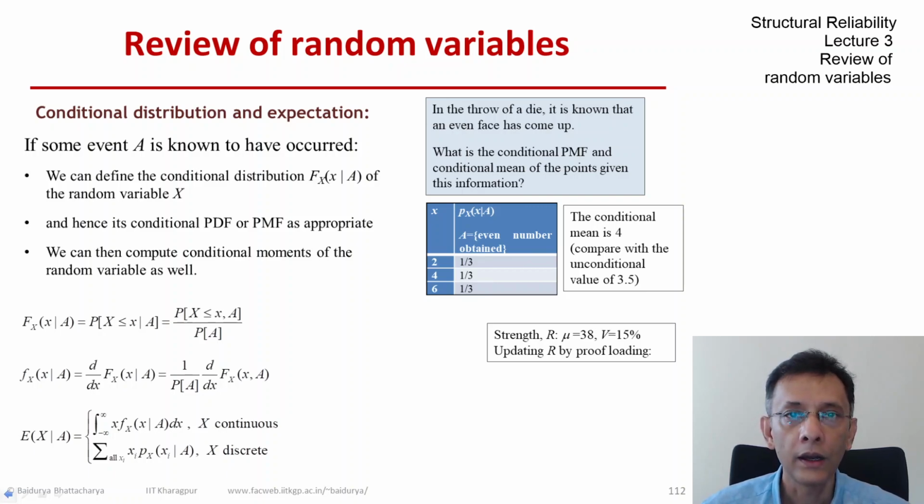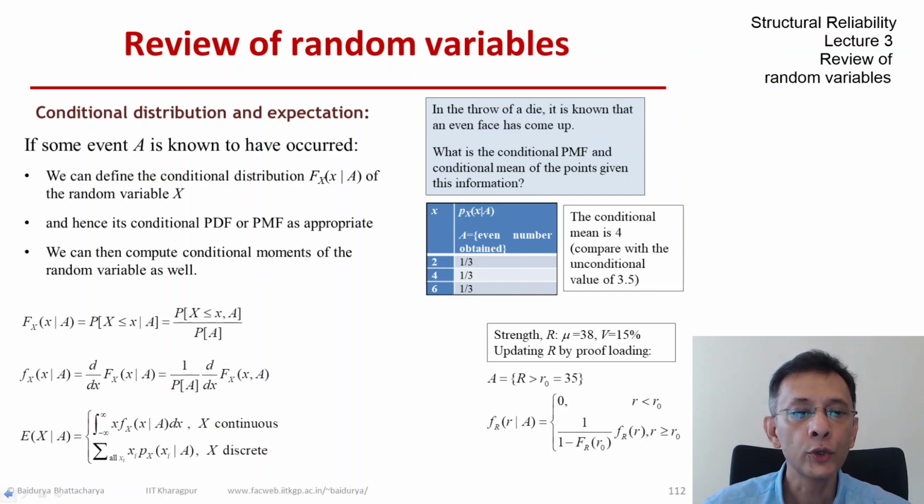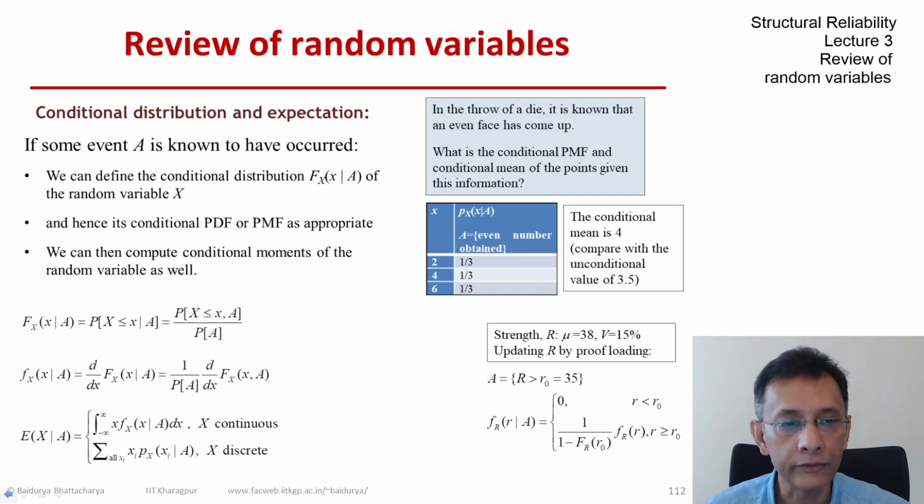So we perform a proof loading of a known value and find that the member survives. What is the updated density function of the strength given this information? Our conditioning event A is that the random variable R is greater than the proof load, which in this example, let it be 35 units.